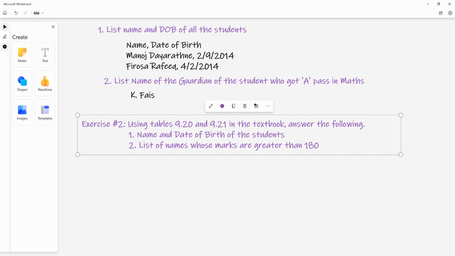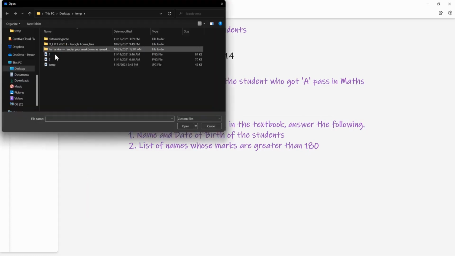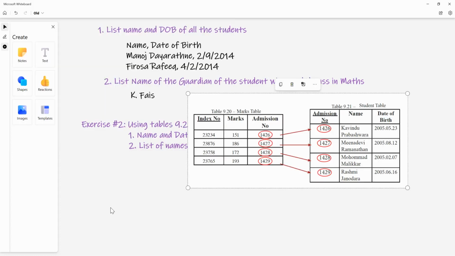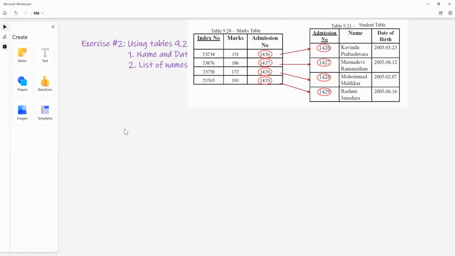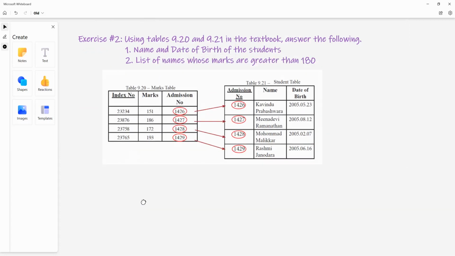Okay, let me save this one as well and open it here. Okay, I have changed. Here are the two tables. What is the answer for the first one?